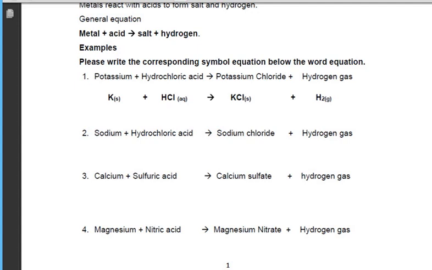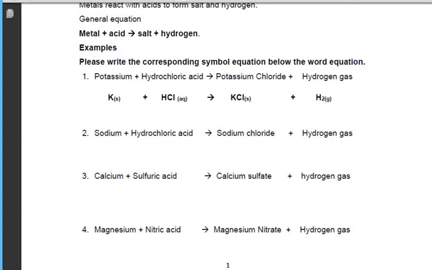Then I gave you the symbol equation. The symbol for potassium is K, and the little s in brackets is the state of matter, to say that potassium naturally occurs in nature as a solid element. Hydrochloric acid we find as an aqueous substance.